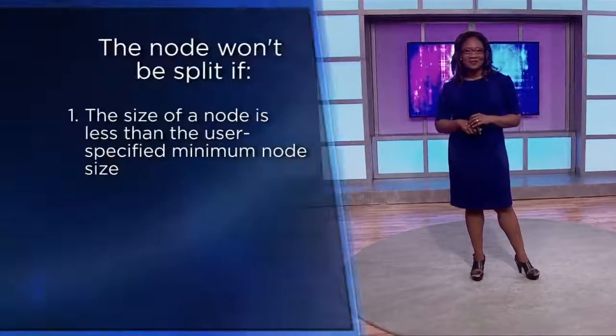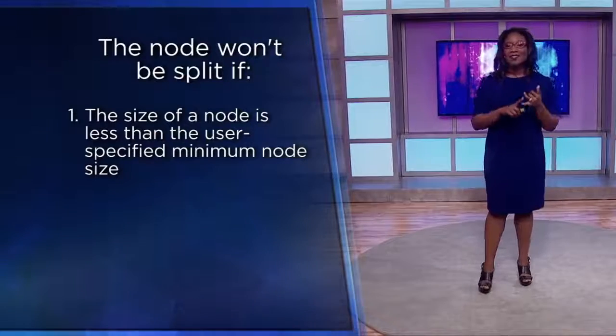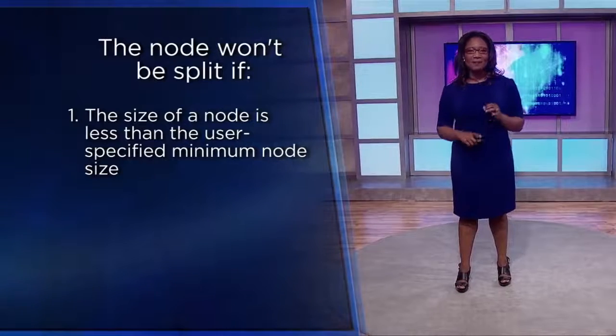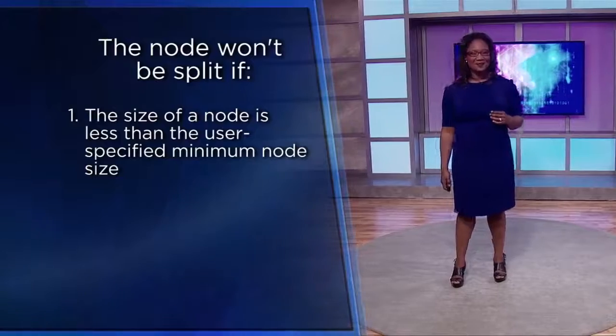Now, we use stopping rules to control the tree growing process, how it should be stopped or not. Here's a couple of common ones. First, the node won't be split if the size of the node is less than the user-specified minimum node size. We'll do an example in a second where we set that.